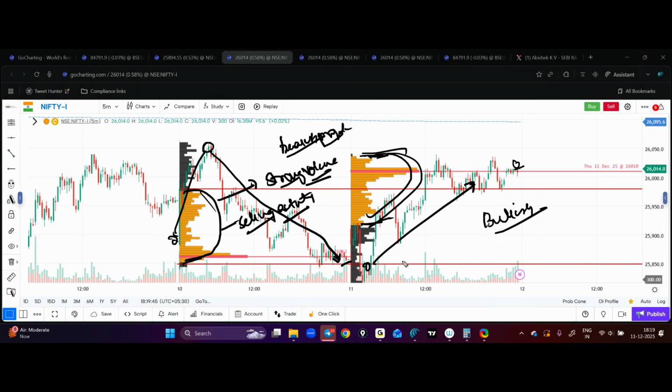But within this, one particular method that I follow is the concept of false breakdowns.